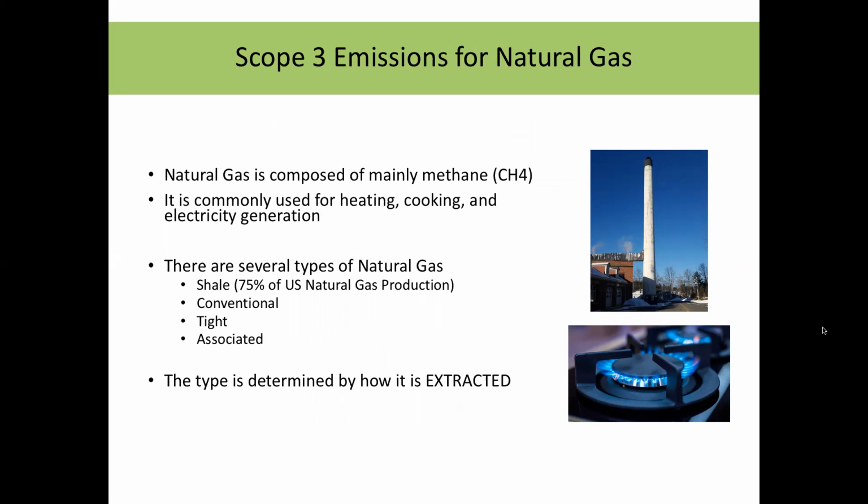There are several types of natural gas, and it's important to note that unlike fuel oil, which is defined by how it is refined, the type of natural gas is based on how it was extracted. So in general, the user doesn't know what type of natural gas they're using because by the time it's delivered to them, it's already been processed into a generic natural gas form.